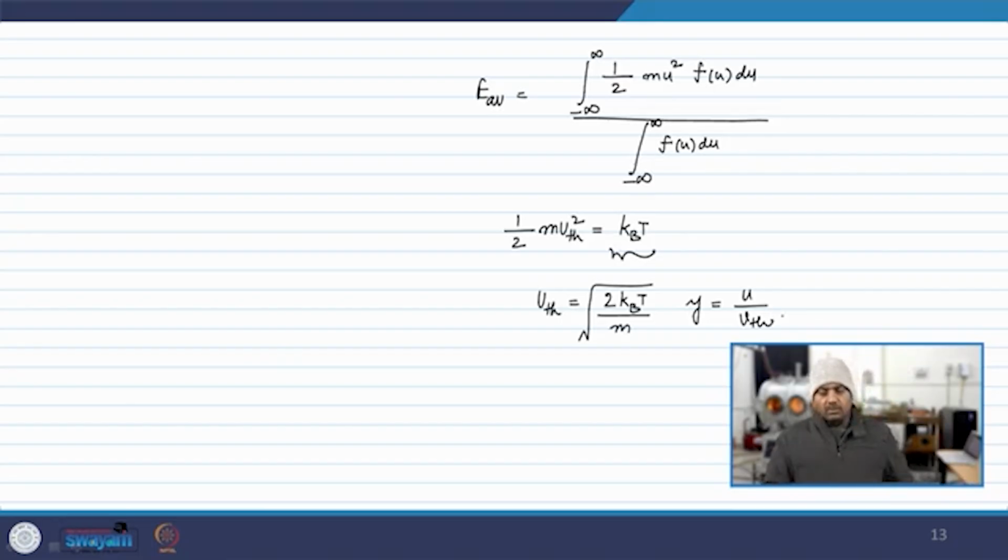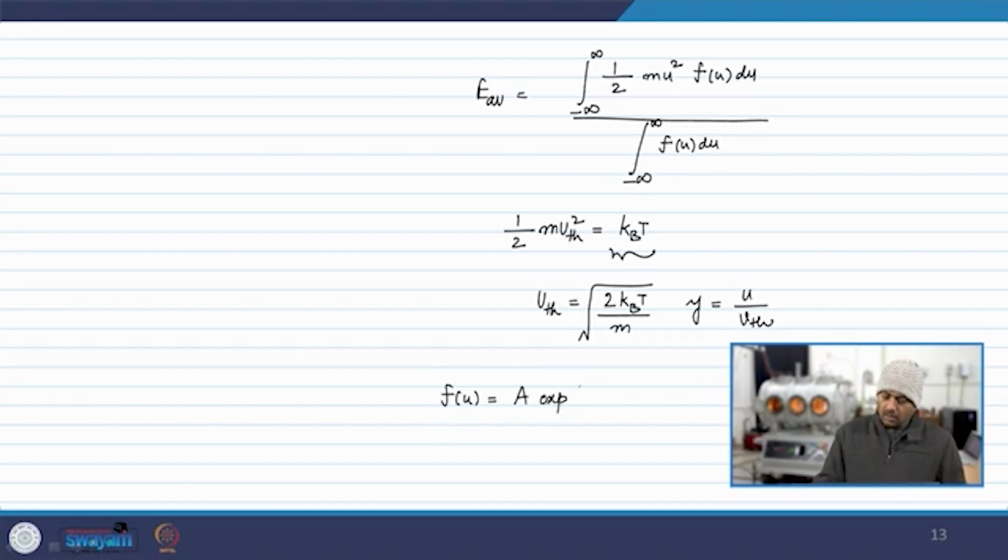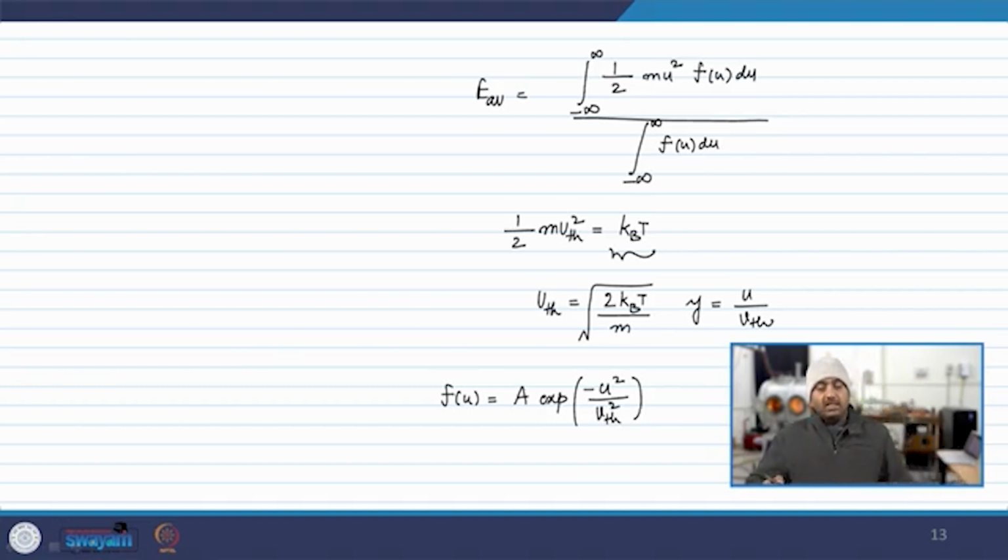So, using this representation of y equals u by Vth, we can write the distribution function f(u) as a times exponential of minus u square by Vth square, because we have written kBT, the thermal energy, in the units of half m Vth square, right.